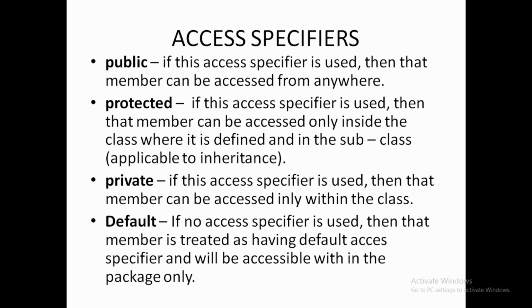Therefore, if we don't use any access specifier, that member function or instance variable will have the default access specifier, and its access will be limited to the package only. We'll come back to this point when we discuss packages.